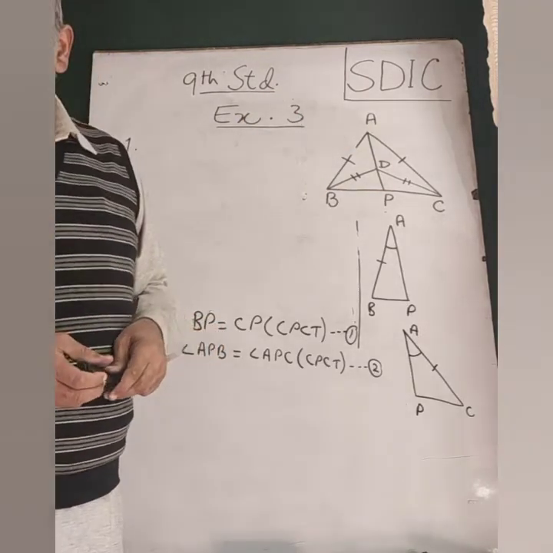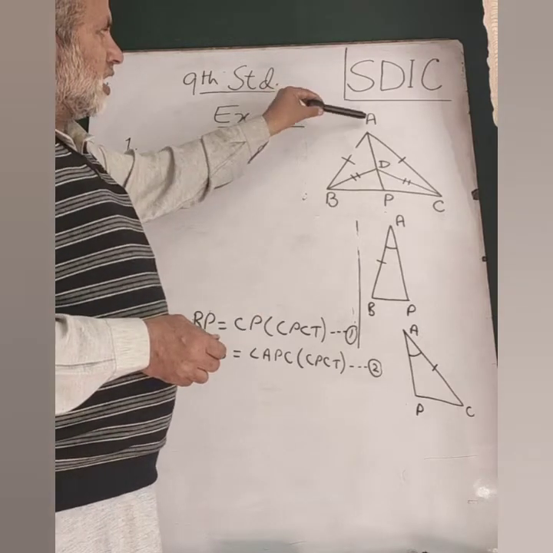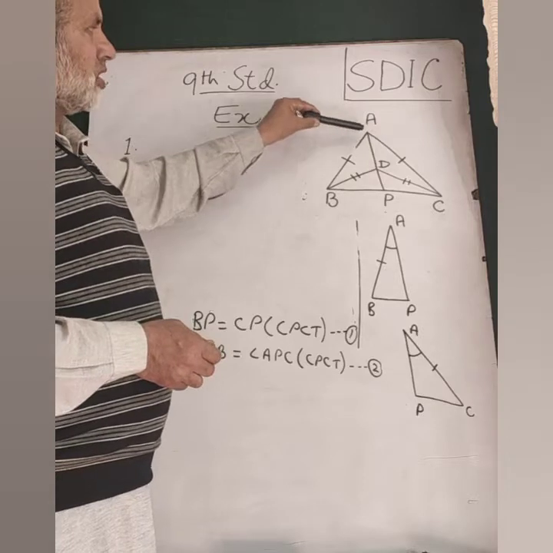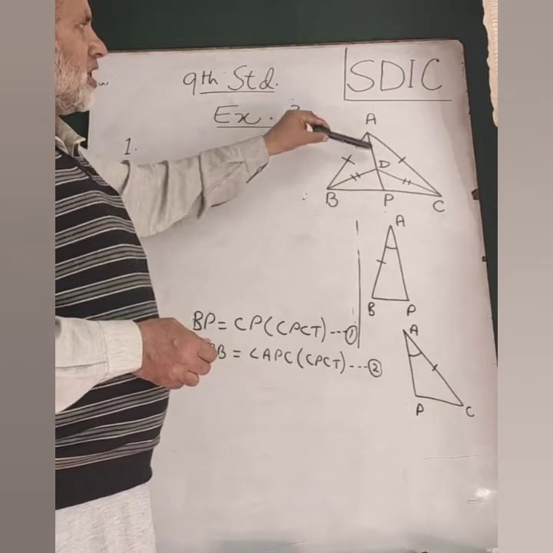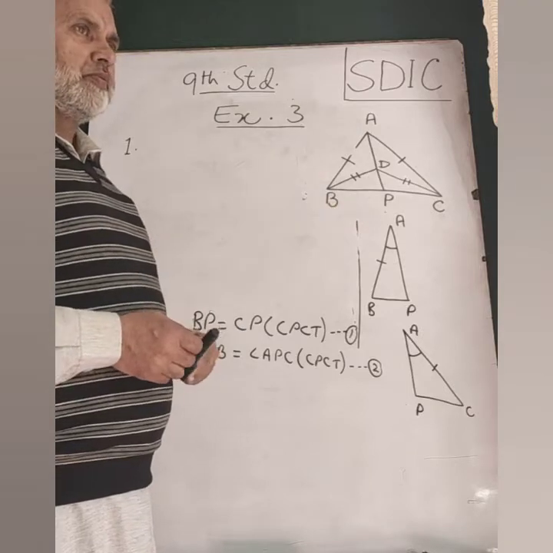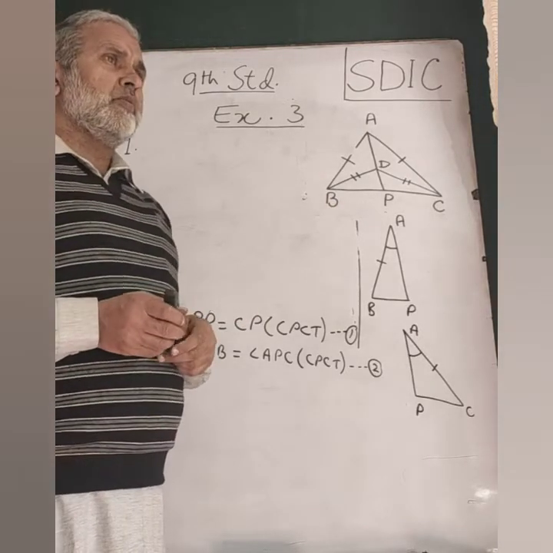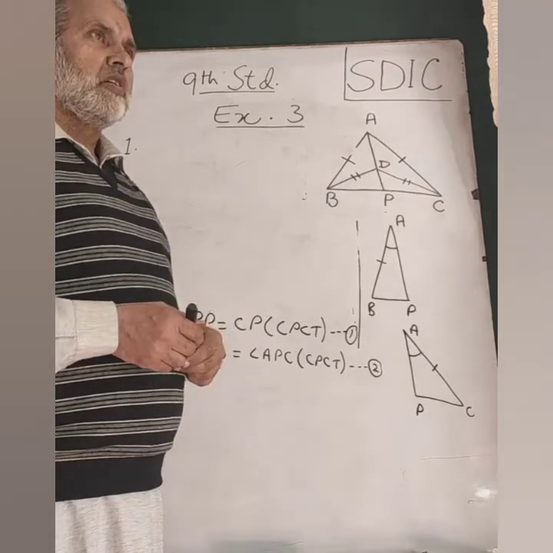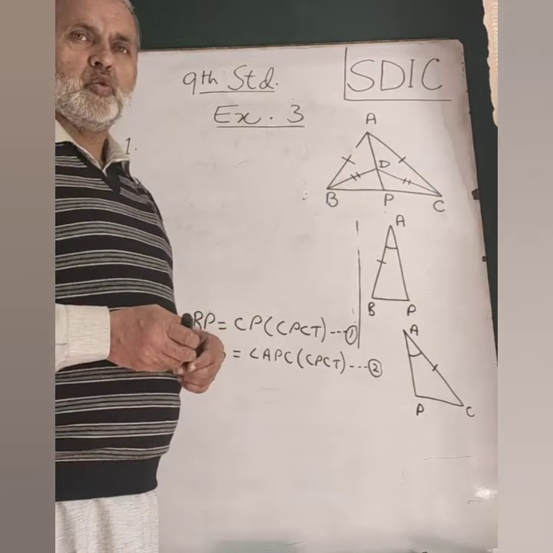But we are asked to prove that AP bisects angle A as well as angle D. Not only angle A, that we have proved. But we have to prove that it bisects angle D also. Now that bisecting of angle D by AP, we have not so far proved.